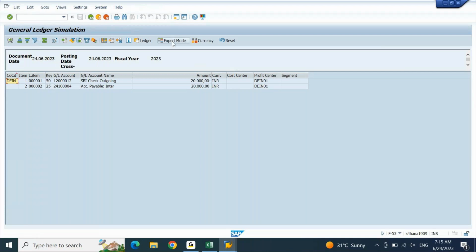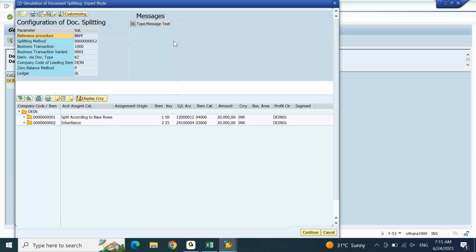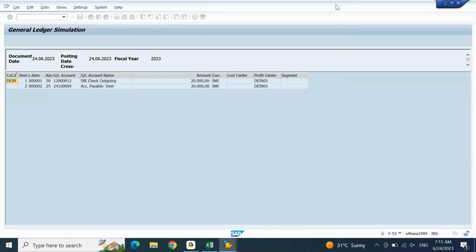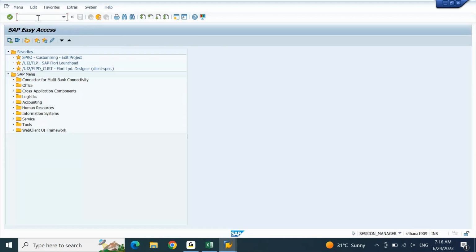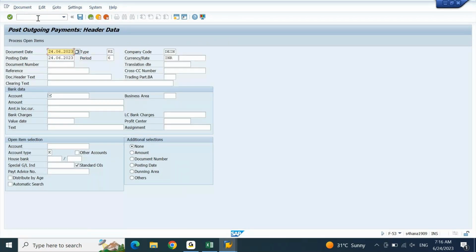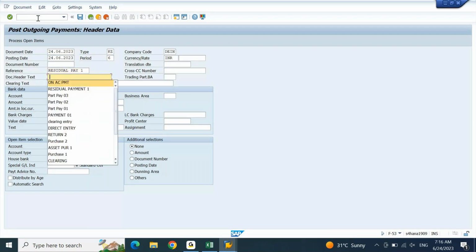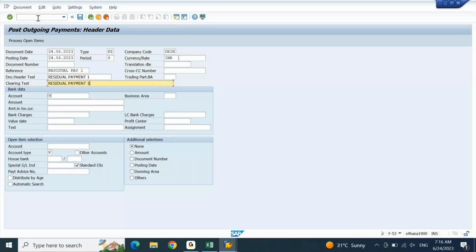Let me go to expert mode. There are no error messages. This also could be a reason for our previous error also. Now let me try passing that residual payment. F-53, residual payment, 20,000.